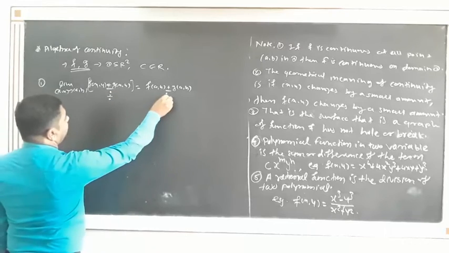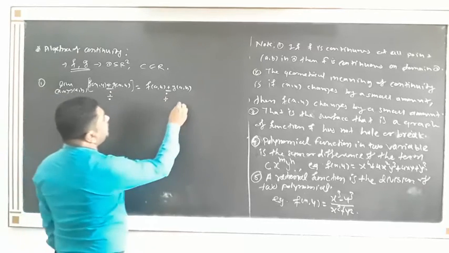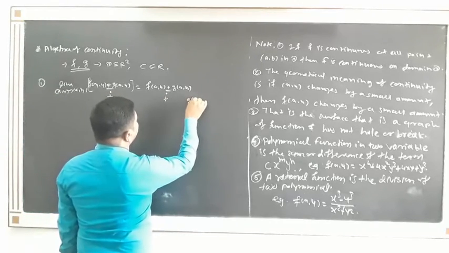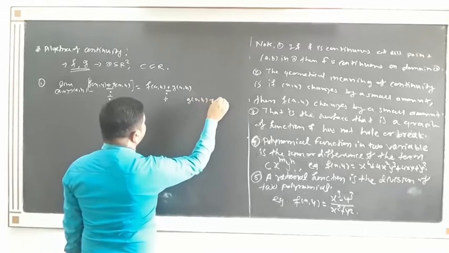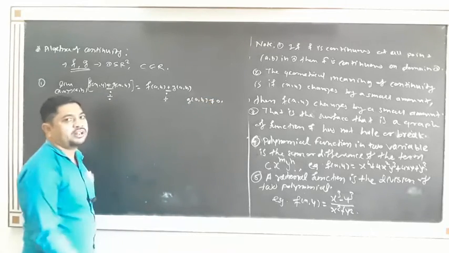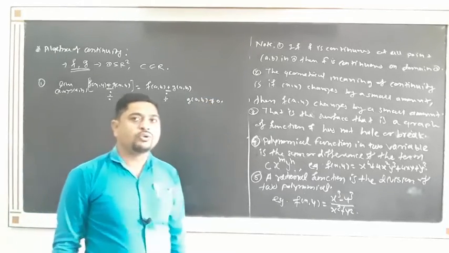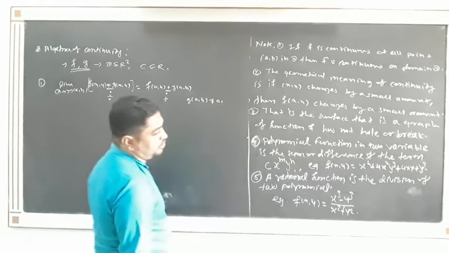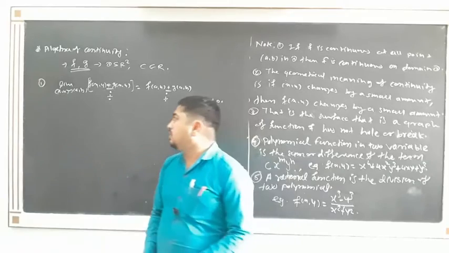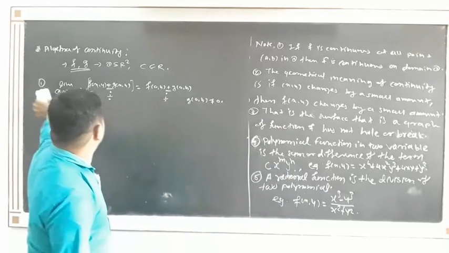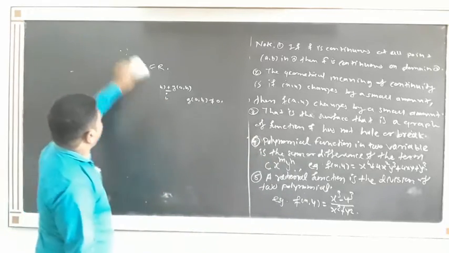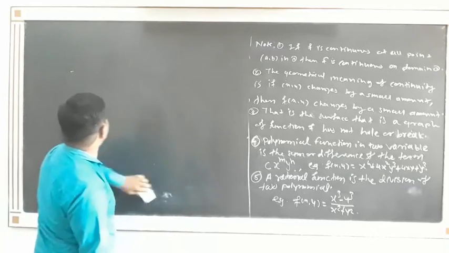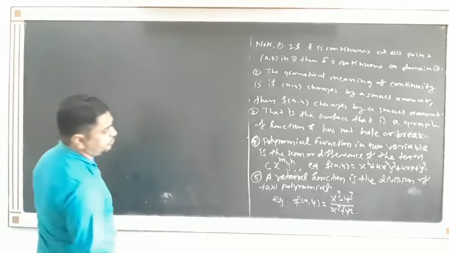For division, provided g of ab is not equal to 0. So you can prove the algebra of limits. It is very simple. By using this algebra, what can we write?